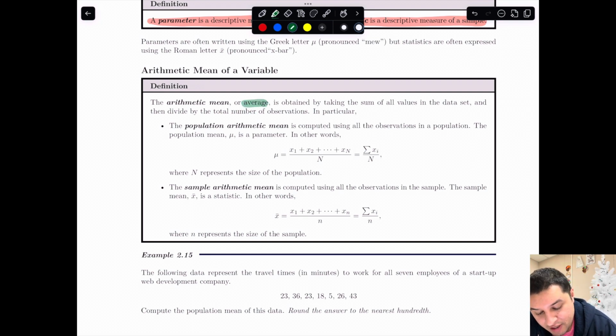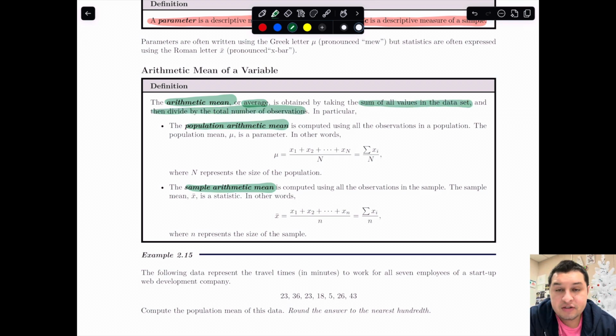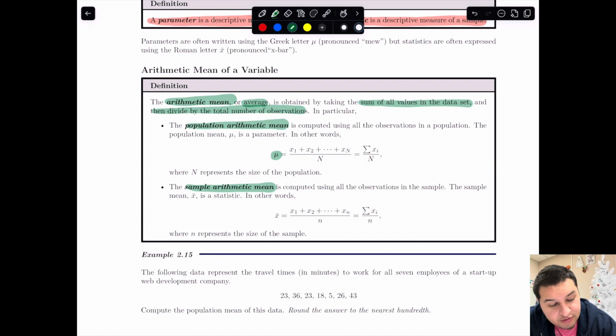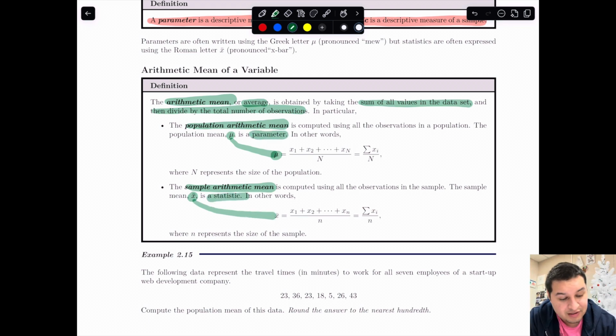All you do is take the sum of all the values of the data set and divide by the total number of observations. We usually use mu for the parameter, and we use x bar for the statistic. So remember, mu is a parameter, x bar is our statistic.